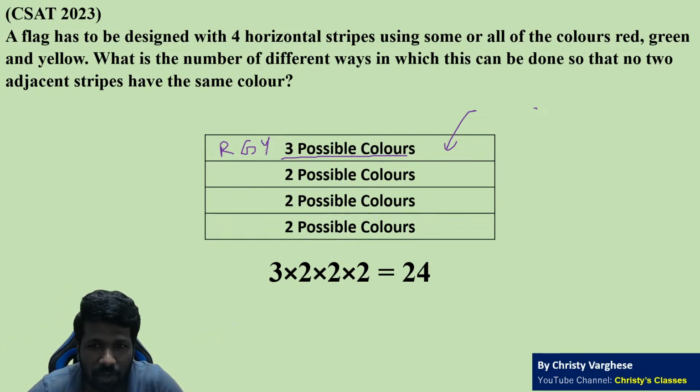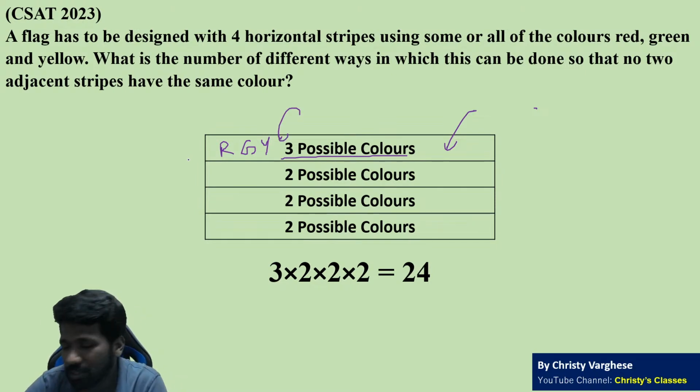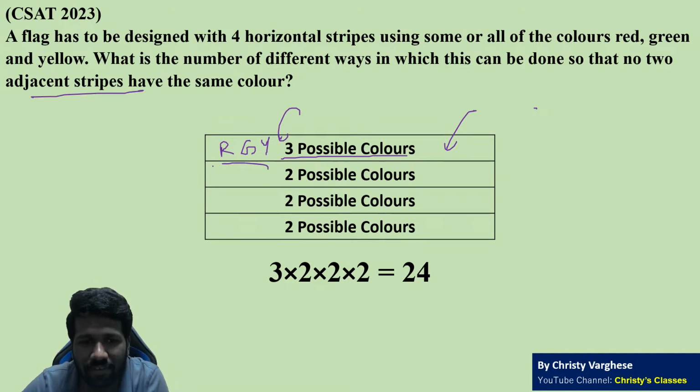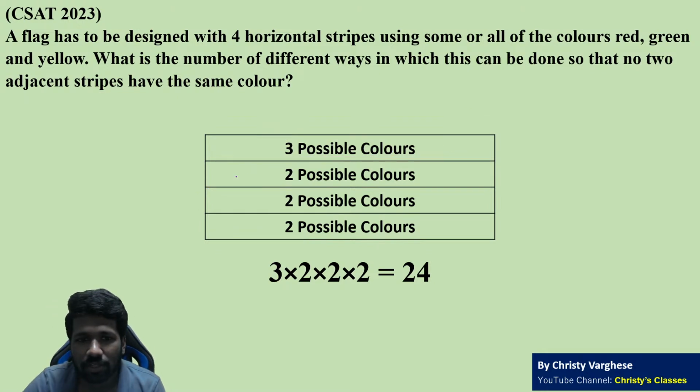If you go later, you may not see some of the items; some may be finished. But the first filling has all choices because there is no restriction at all. Adjacent strip comes only when you think about the second strip, right? So thinking of the first position, you can fill any of the 3 colors. So 3 ways you can fill this position.